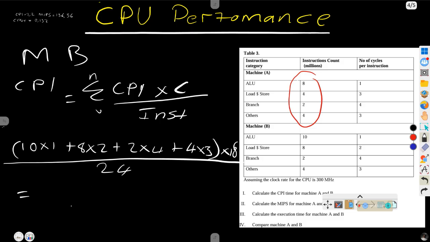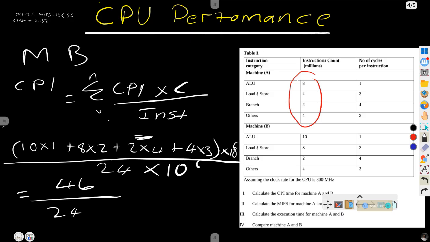Now let's calculate what is above. 10 times 1 is 10, plus 8 times 2 is 16. 10 plus 16 is 26. Now 26 plus 8 from here is 34. Now 34 plus 12 is 46. Now we have 46 here. I also forgot something here, it was supposed to be 10 to the power 6 because of millions.